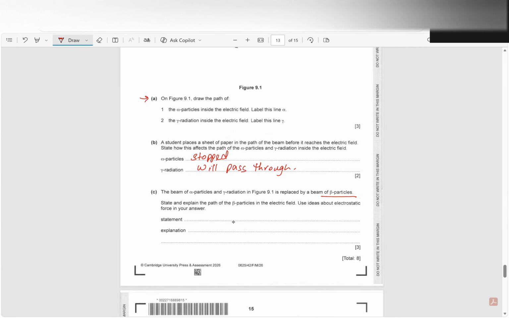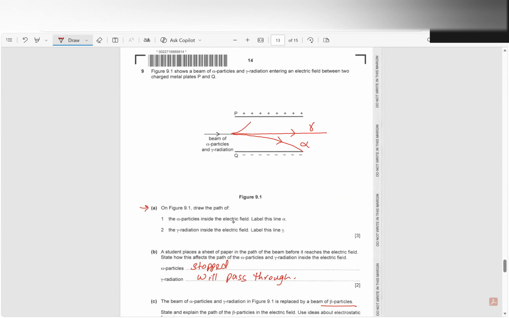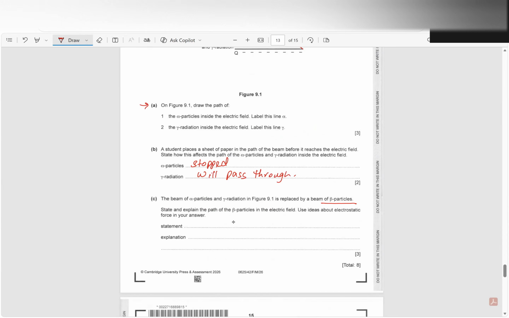We're going to understand that beta particles are going to deflect sharply, quickly as compared to alpha particles, and also they're going to deflect towards the positive plate. So if we had to mark here, we would have marked it somewhat like this because they're lighter and negatively charged. They're going to be deflected towards the positive plate, and that too sharply. So this is something that we're going to write here.